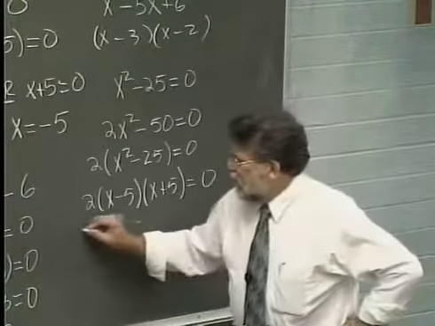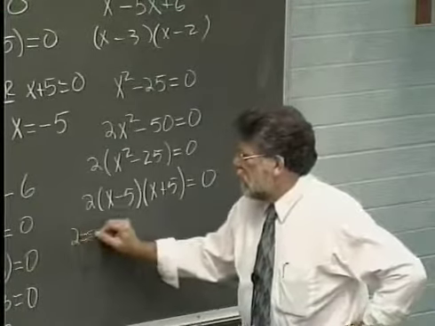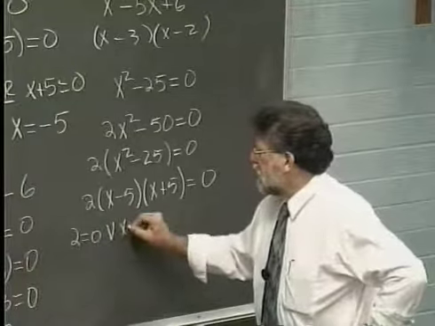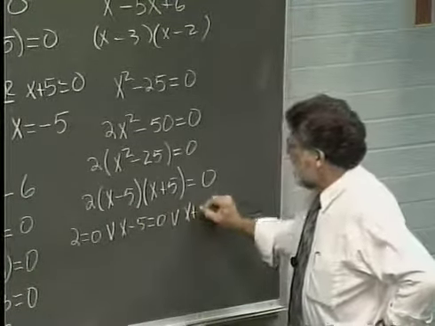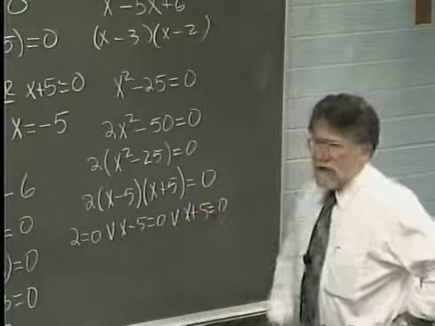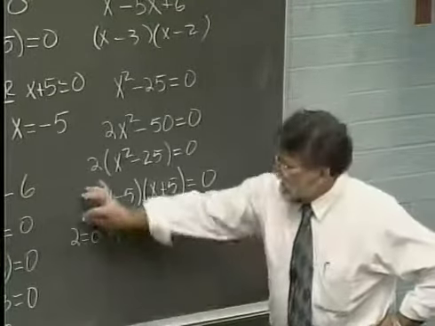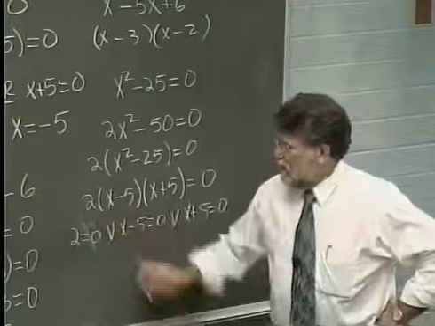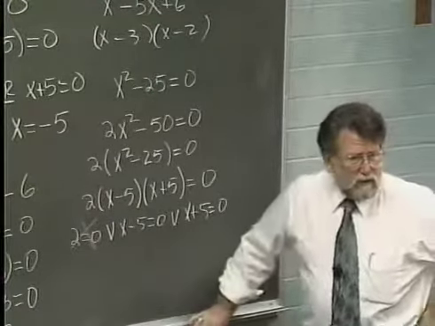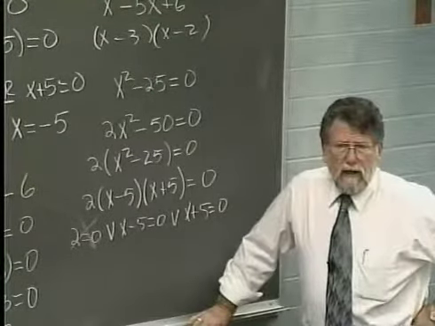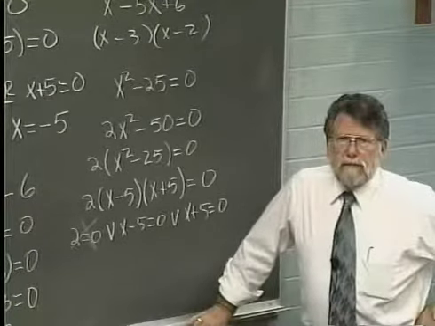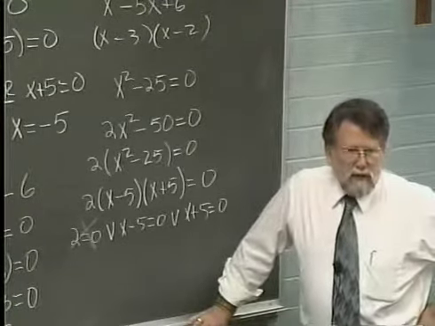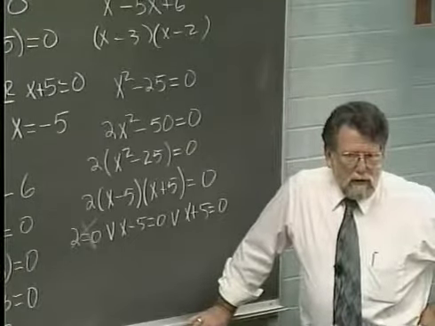Well, if I take these, this could be, say, 2 is equal to 0, or x minus 5 is equal to 0, or x plus 5 is equal to 0. Well, can 2 equal 0? No, so that one didn't work, but it still follows the argument. This is not saying that these 3 things are simultaneously true.